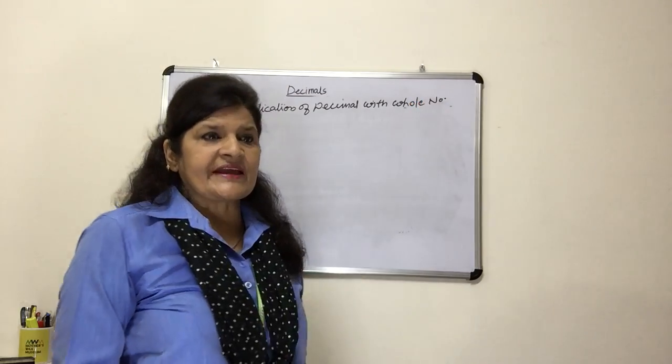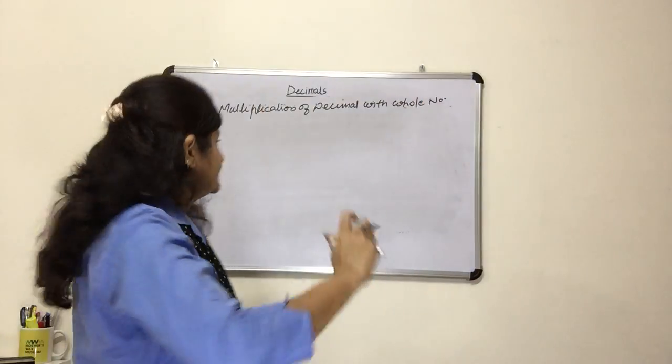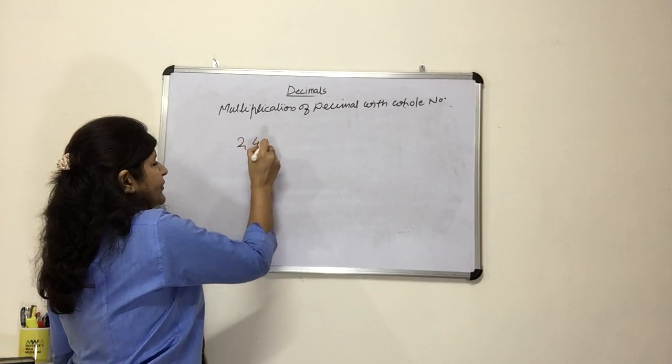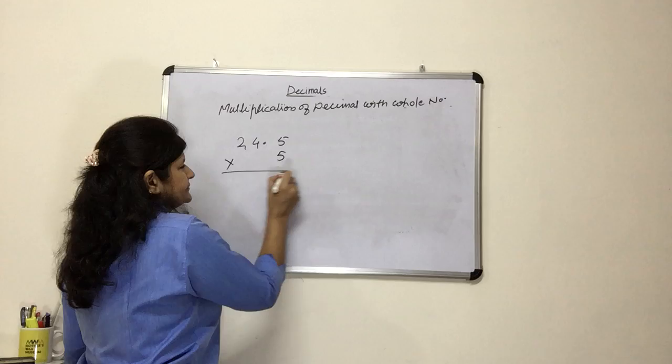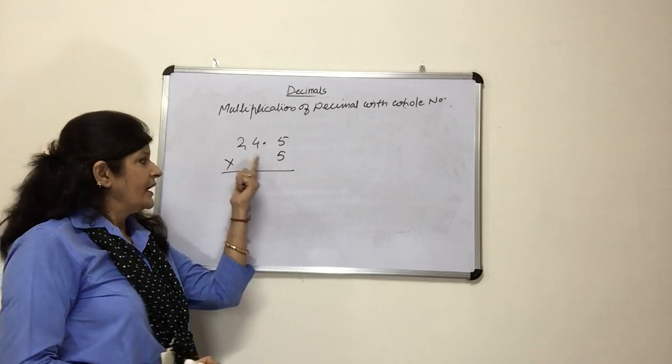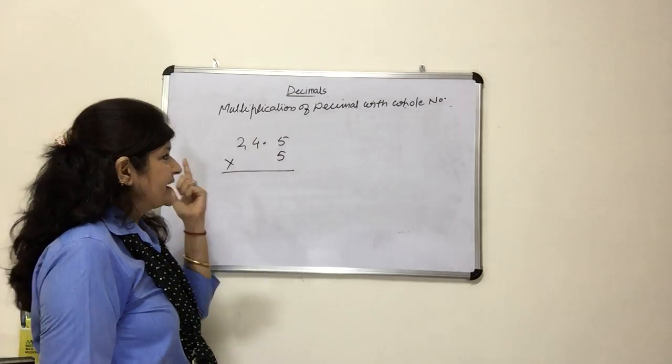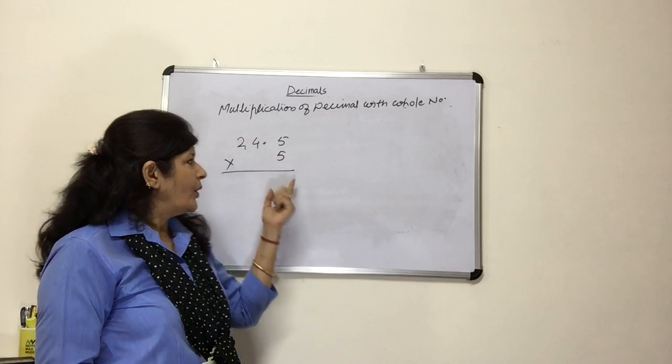If I take the example of 24.5 multiplied by 5, this is a decimal number and this is the whole number. So I am multiplying a decimal number with a whole number.